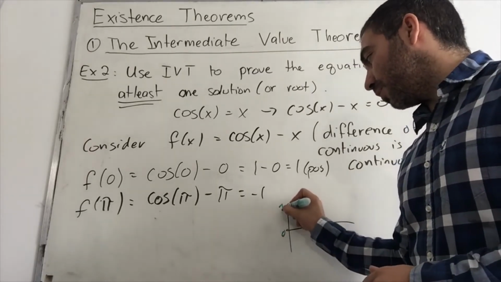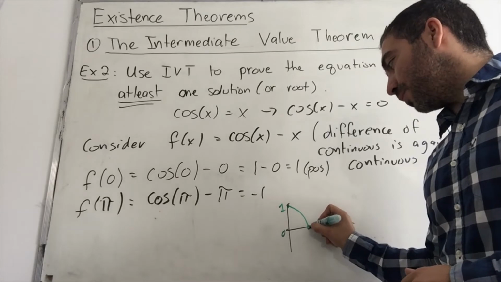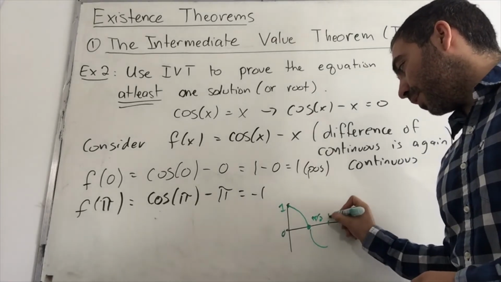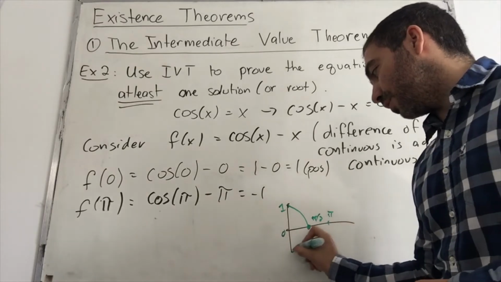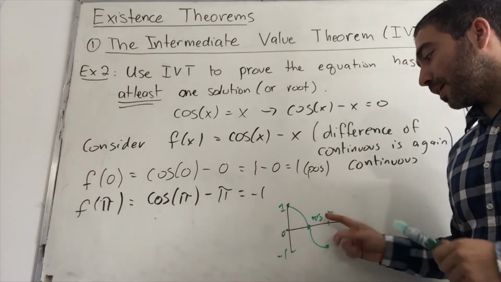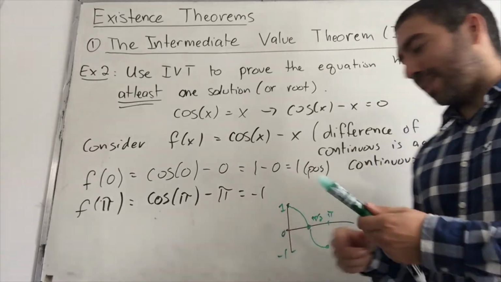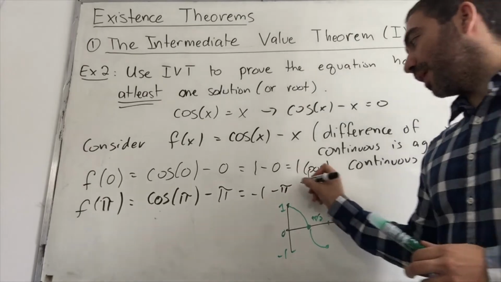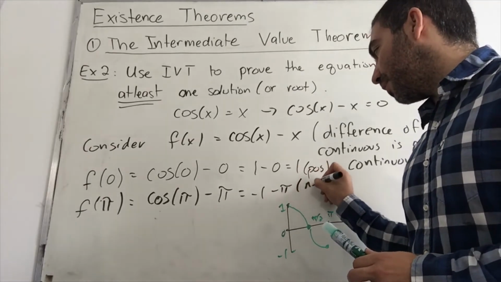So at 0, it's 1. At pi over 2, it's 0. And then at pi, it's at -1. So cos of pi is -1, not 0. And then minus pi. So -1, you subtract pi, this value is negative.